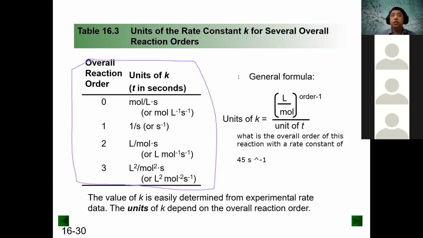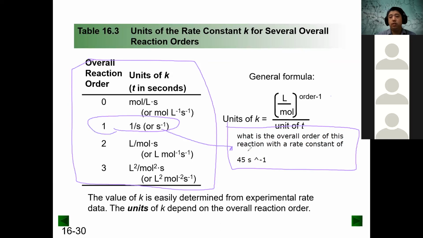And with just that information alone, you should be able to answer the question. What is our overall order here? First order, right? Because we see it matches with this. So the overall order is first order. That's just based on what the units are here. Any questions?